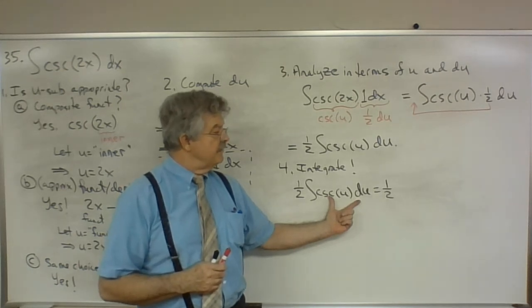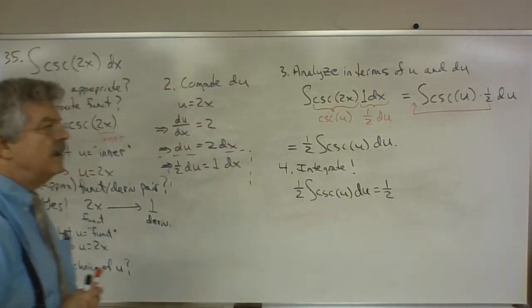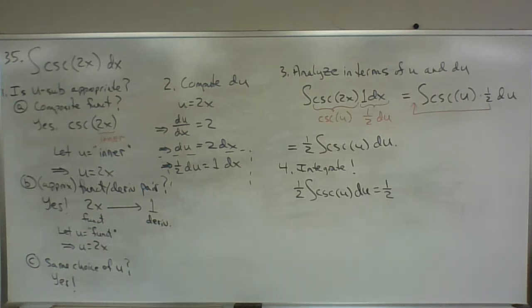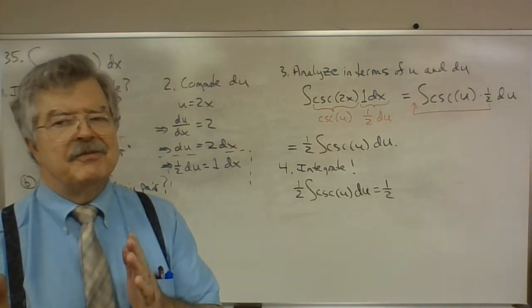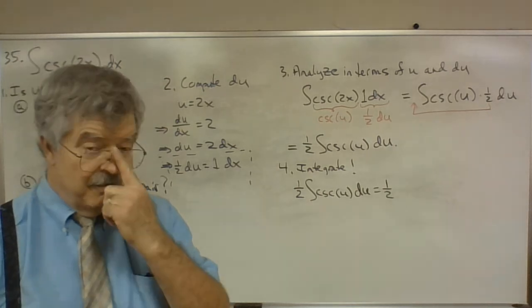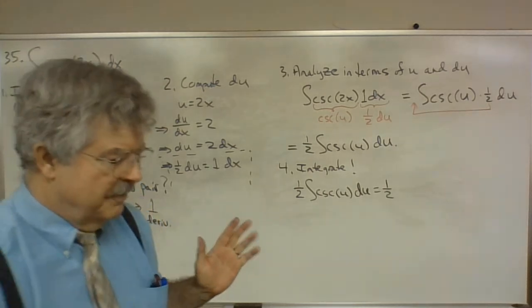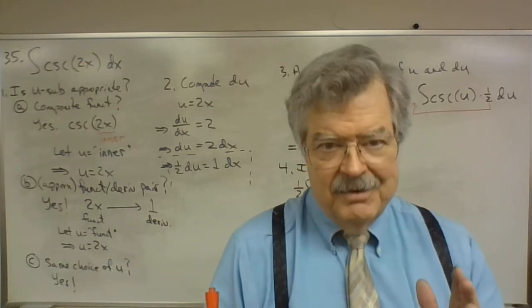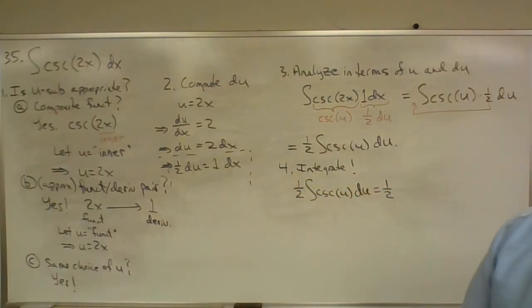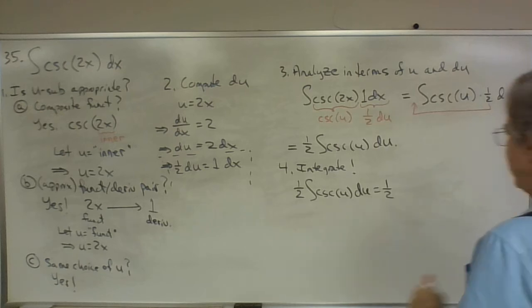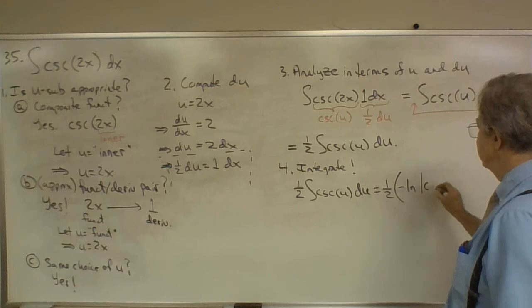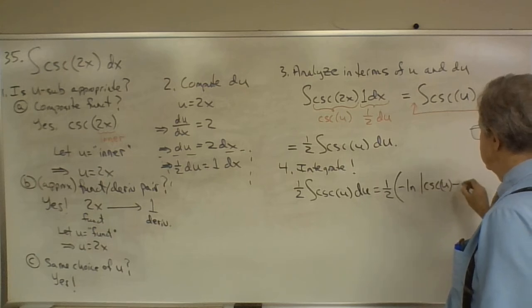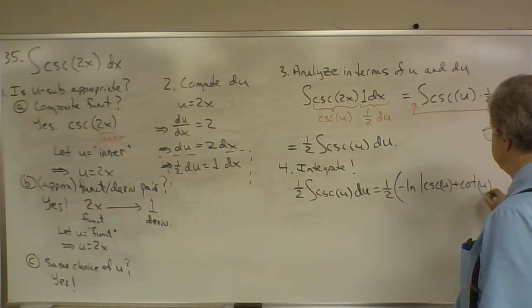The antiderivative of cosecant u is one of those forms where our authors have a different form for this antiderivative than the rest of the world. Our authors have as the antiderivative negative natural log of cosecant u plus cotangent u.